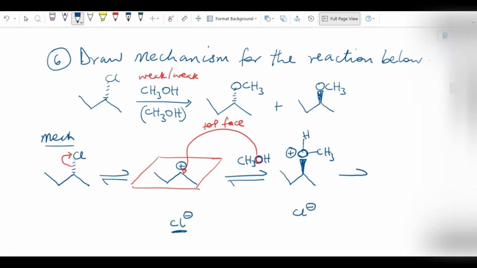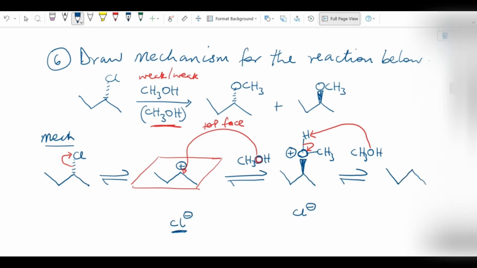Now, the next thing will be to get rid of the positive charge on that oxonium ion. To do that, we will use the solvent. So the solvent also is methanol. The methanol solvent will be acting as a base in this case. So this third step is deprotonation. It's an acid-base reaction in which the base will grab the proton, the bond here will break, and the excess electrons will go to the oxygen, thereby neutralizing the positive charge on that oxygen.